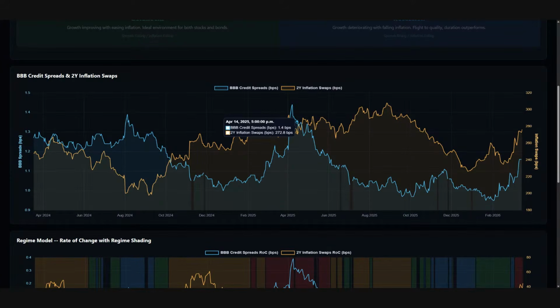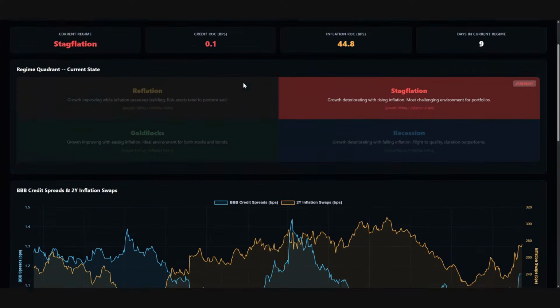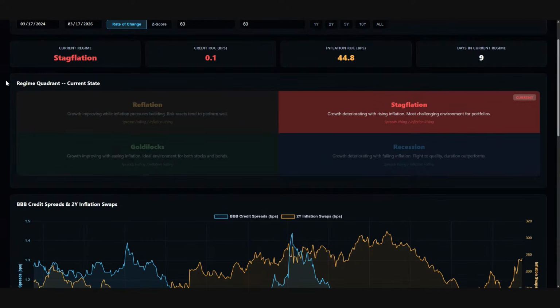There's some indication saying, hey, we need to pull back our exposure because earnings could shift pretty significantly. On the other side of that, you have inflation swaps that are pricing the inflation risk in the economy. And you will notice that there are a lot of different periods of time where these can accelerate and decelerate. And so what you want to do is net out how they work, because here are the four regimes that you can be in.